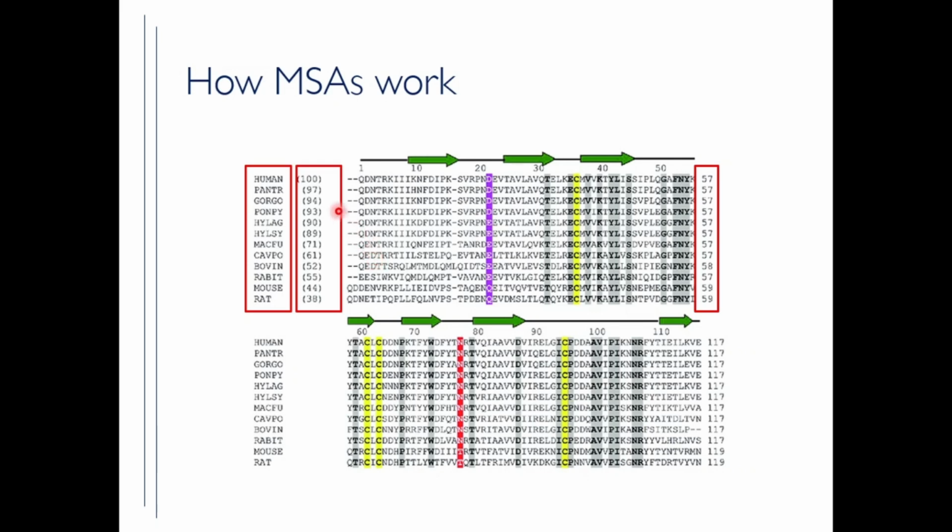But importantly is this column here, because what this is telling us is that the human sequence, for example, is starting at amino acid 100. So this amino acid number 1 is actually 100. And again, this 57 is actually 157 if we're looking at the full human protein.